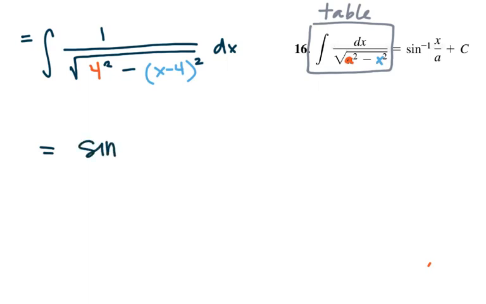This becomes the sine inverse of x minus 4 divided by my a value, which is 4. And because this is an indefinite integral, we write plus c at the end. So that's just a basic strategy, sometimes how we can use completing the square inside an integral to help us.